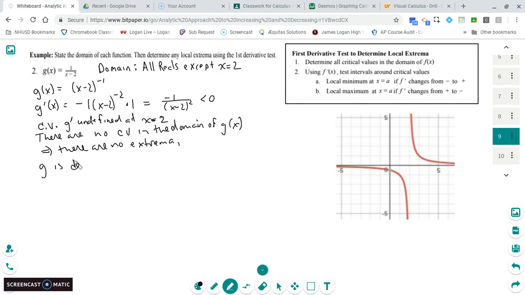G is decreasing on the entire domain, because g prime is less than 0 everywhere, right? Now, they didn't ask us to find that. All we had to do was find local extrema, and we didn't find any. So we've done that, and we listed our domain. So really, we've answered the question right here.